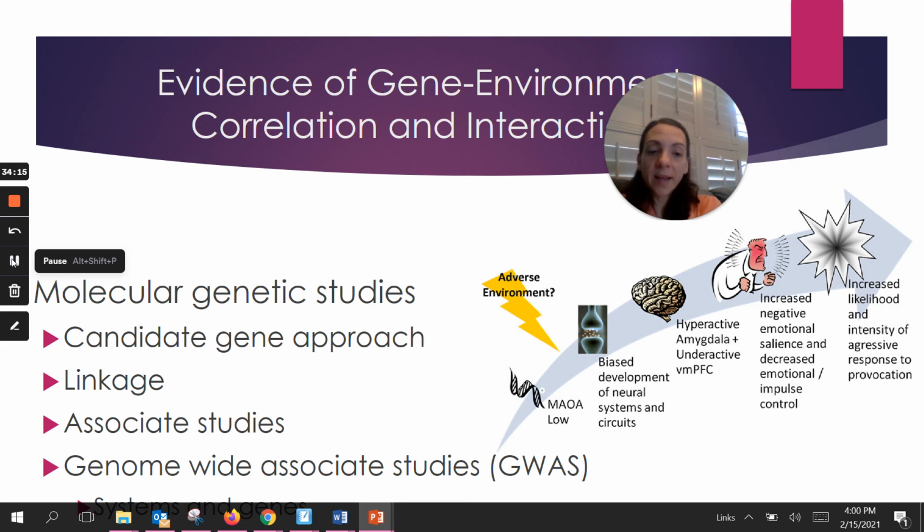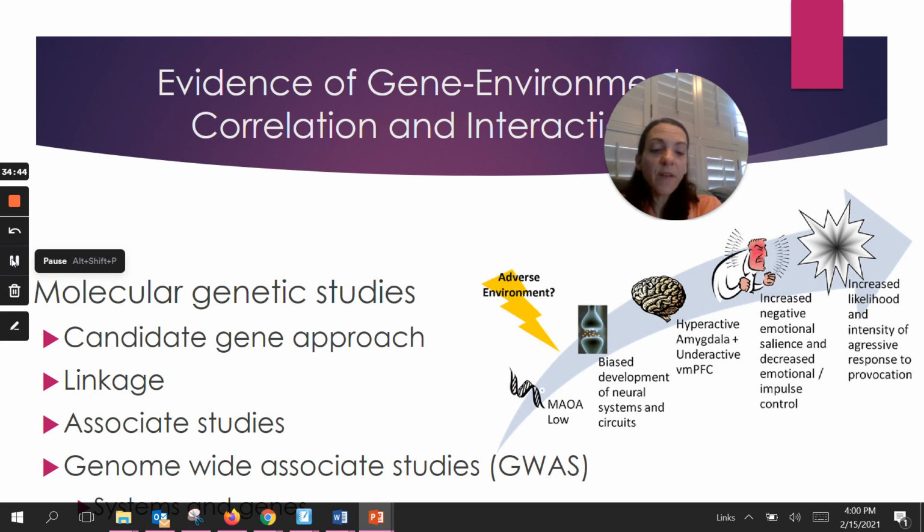MAOA, which we said is a specific enzyme, degrades neurotransmitters, so it makes them disappear from the fluid in your brain. Let me rephrase that. It degrades neurotransmitters. Serotonin, however, does not degrade, so there's more serotonin in your brain.